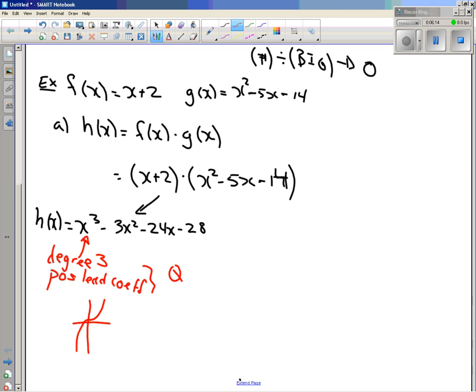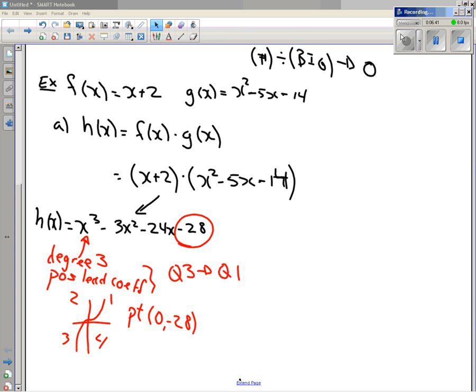So quadrant 3 to quadrant 1. What else do we know about that function? So we have a point 0, negative 28. So we take that expression, one way we expanded it out, we got that it has degree 3, it has a positive leading coefficient, so it's going from 3 to 1. We also looked at the end term, and it told us that we have a y-intercept of 0, negative 28.